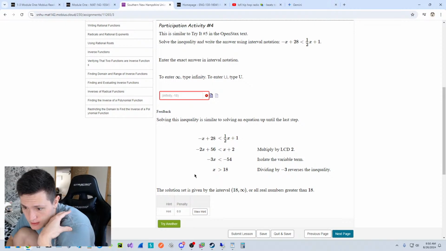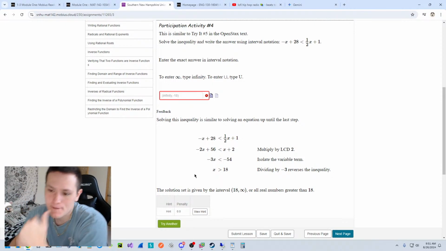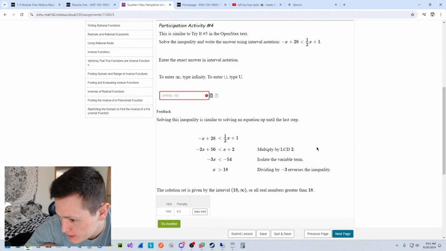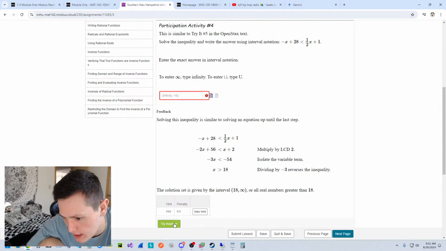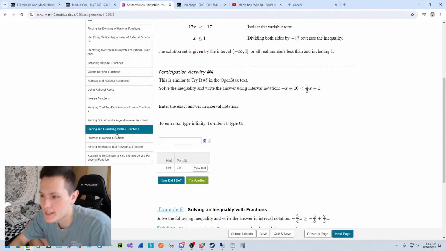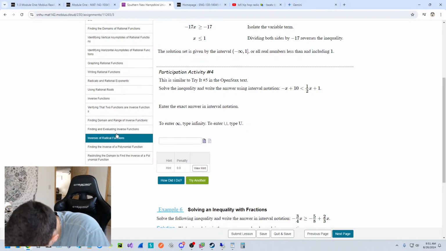I messed up because of the negative. I forgot my negative 156. Or actually I turned it into a negative when it's not even nowhere near negative. Alright, I should get this one right. Hopefully. We'll see.